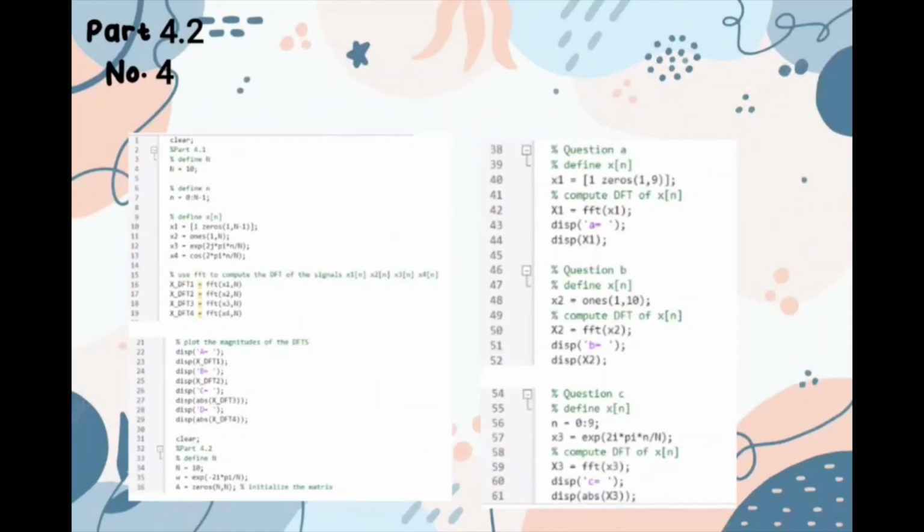For number 4, the function from the DFT equation needs to be compared with the DFT matrix function using the built-in function FFT. Lines 10 to 30 define xn for the DFT equation. Lines 16 until 19 construct the DFT function in FFT.